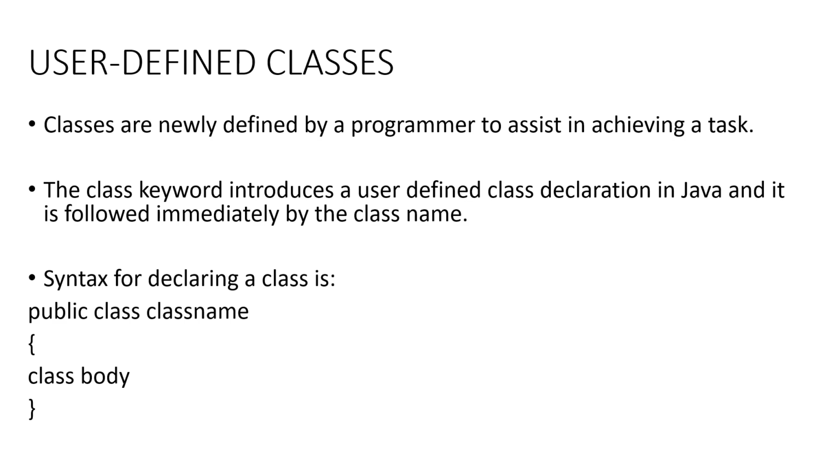So for Java, class is a keyword. When you see class starting a declaration, you should know that it is the keyword class. And after the keyword class, it's followed by the class name.